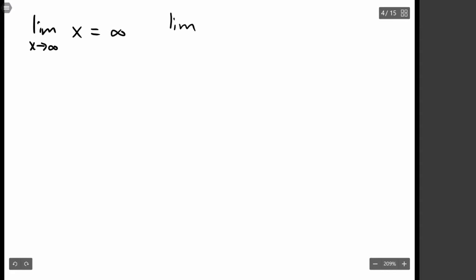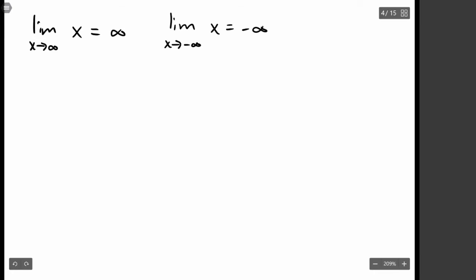Now that we've talked a bit about limits, let's look at a few more of these limits to infinity. So, for example, the limit as x goes to infinity of x, as you might expect, is infinity, right? Limit as x goes to minus infinity of x, of course, is minus infinity, right?